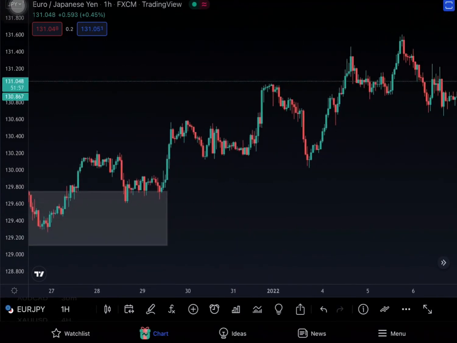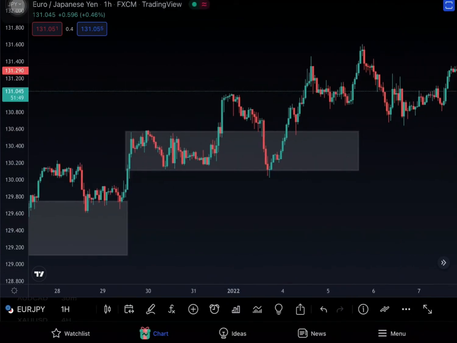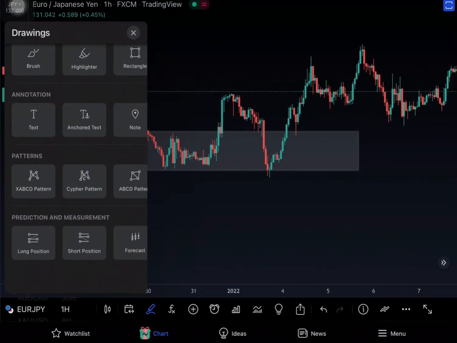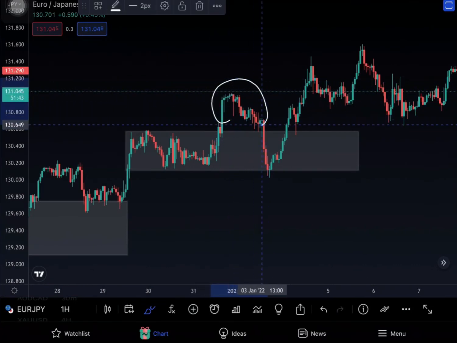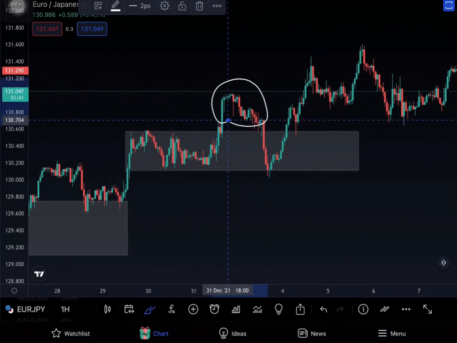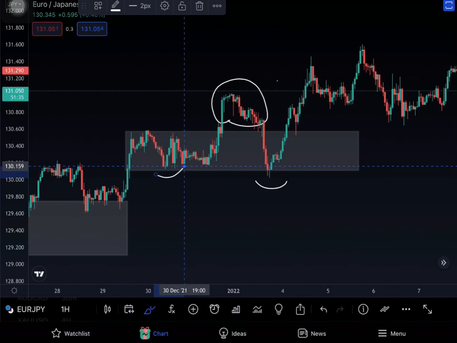Okay, so the next pattern is in here. As you see, price had a fake out in here and re-entered this rectangle again, but in here and in here we have a support.